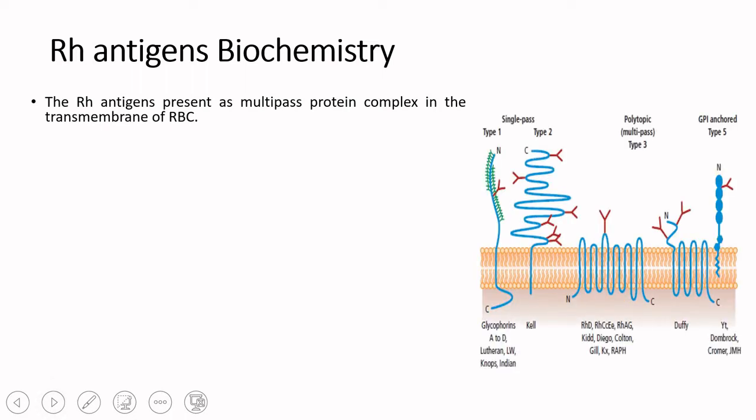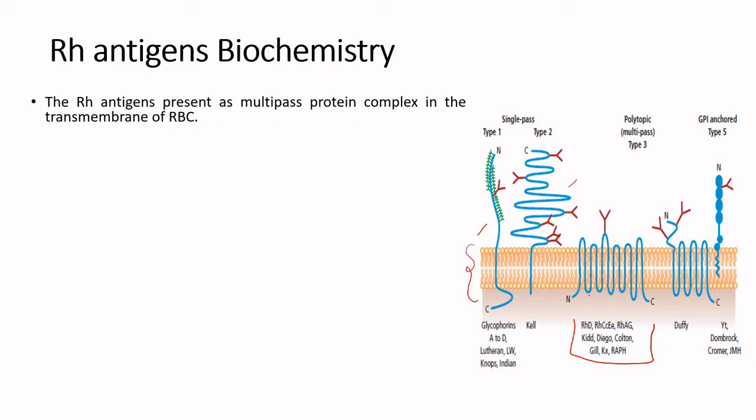Which proteins are they? There are different proteins, like here you can see in this particular image. So this is the RBC membrane, and in this RBC membrane there are different proteins. Out of these proteins, this particular part, as you can observe, is a part of the Rh antigen, which is comprised of a multipass protein. Multipass protein means where a protein passes the RBC membrane multiple times.